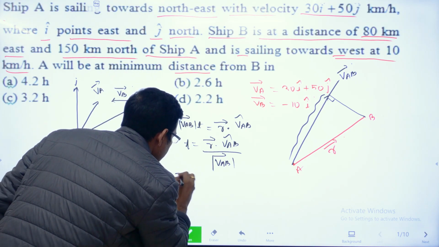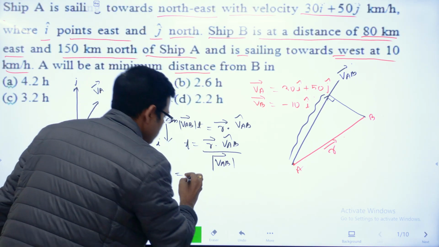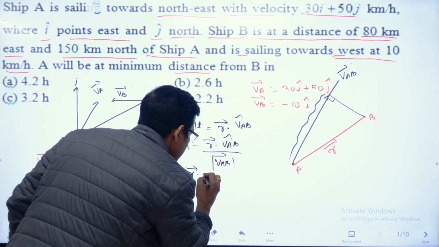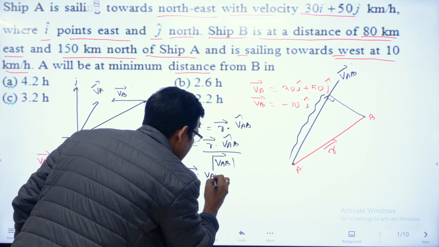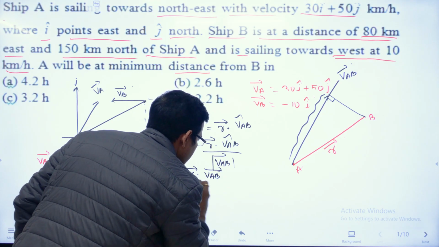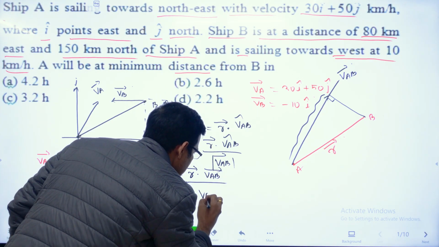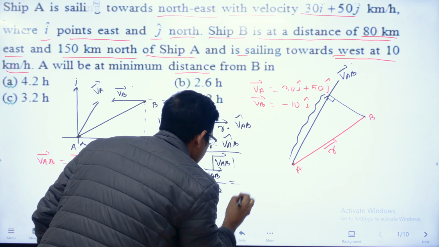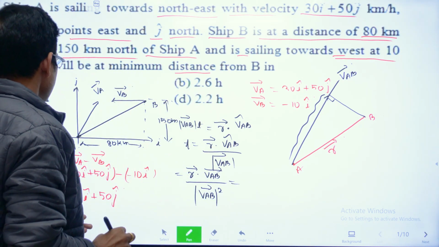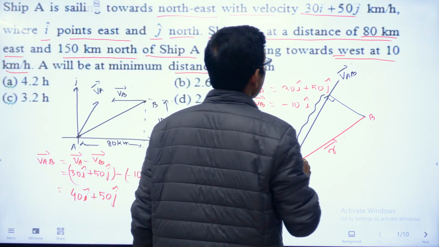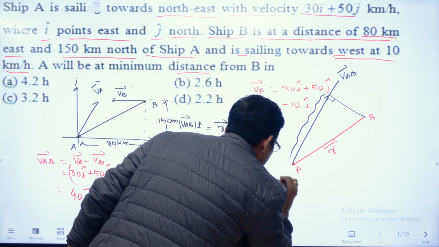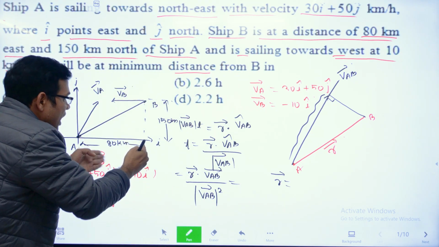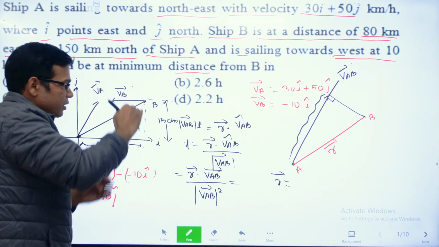So this is equal to R dot V_AB divided by the modulus of V_AB whole squared. So R is given as, what is R here? R is the position, that is 80i plus 150j.